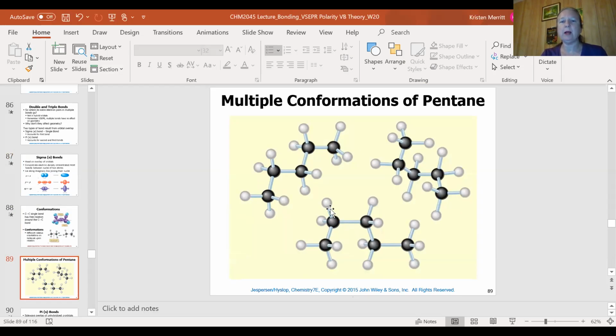Now, with a pi bond, as long as this is aligned with this, this can rotate freely, and so this atom can be lined up with this one or around, it doesn't matter. You have free rotation, and it allows it to be bendy and form all kinds of conformations, even though it's the same molecule.